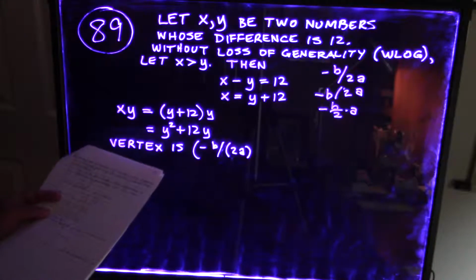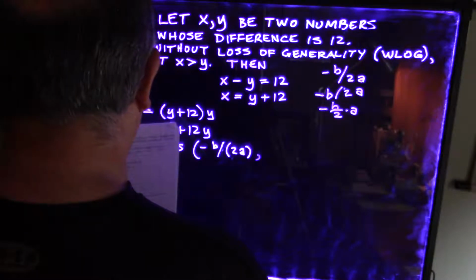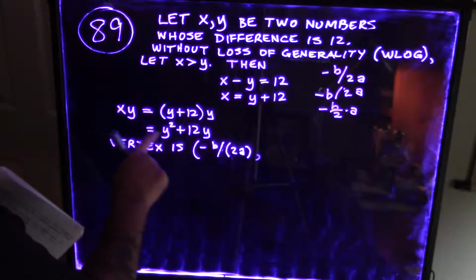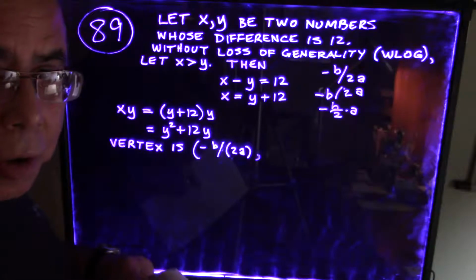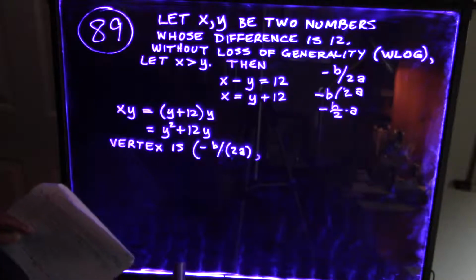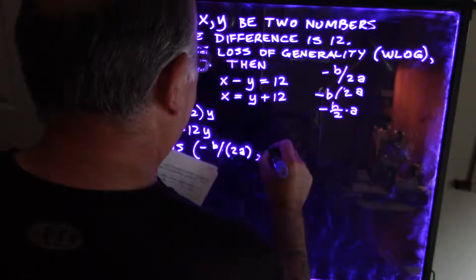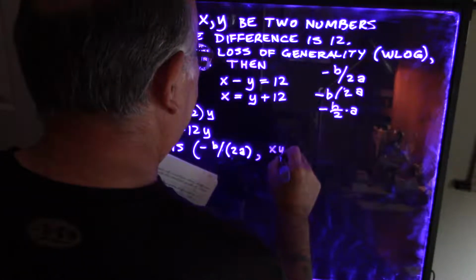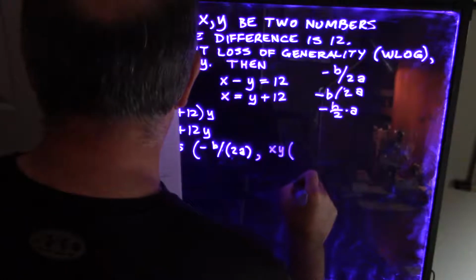Justifiably, for sure. So negative b over 2a, and let's call this quadratic function xy. In the ones dealing with area of corrals, we called it a. So we'll just call it xy. That might look strange, but you can name these things pretty much whatever you want.